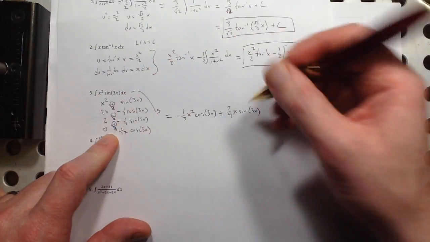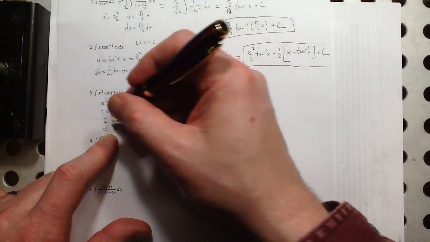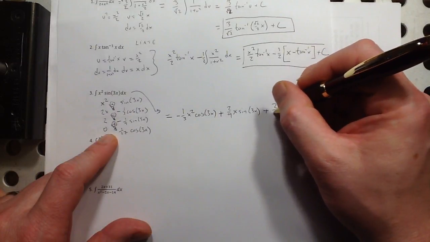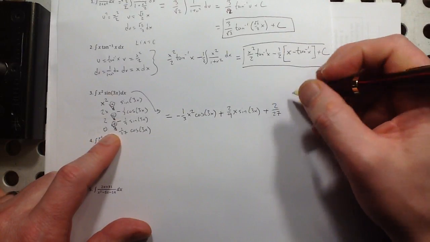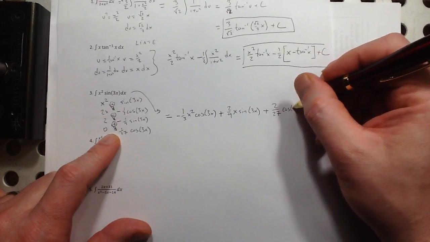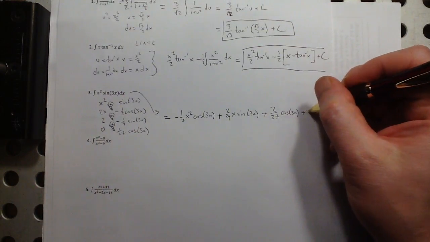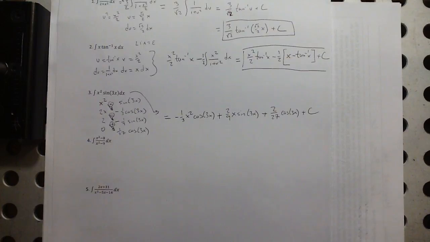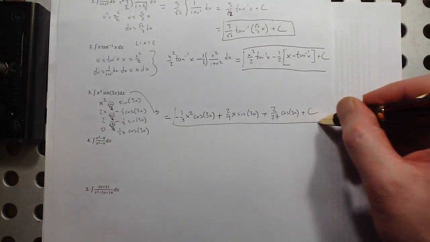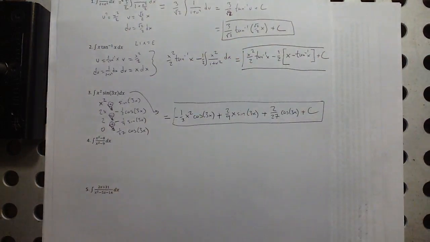And here I've got just positives, plus 2/27 times the cosine of 3x, plus c. And that's how you do that.